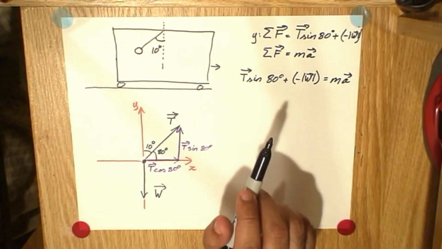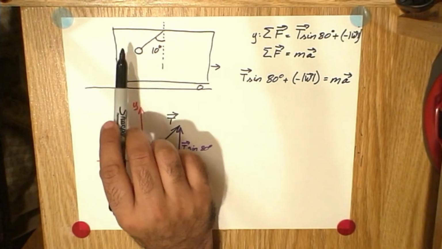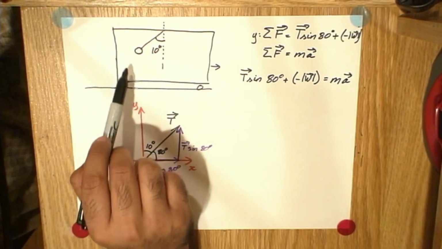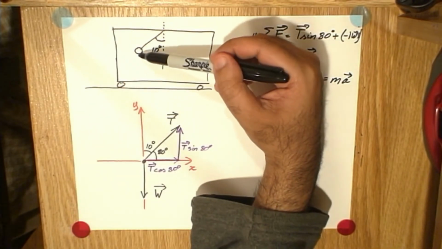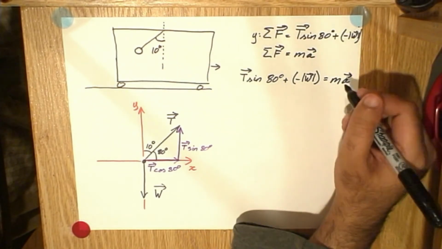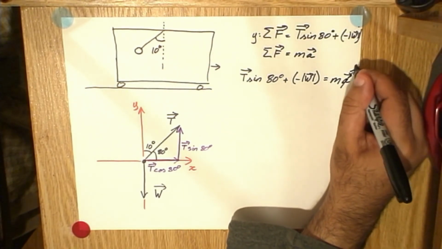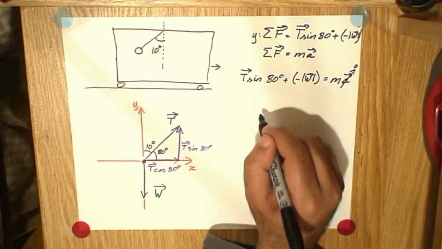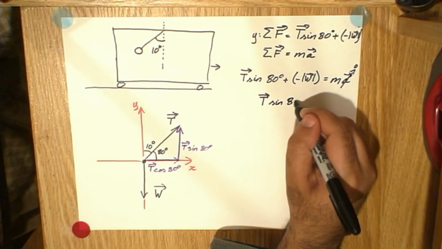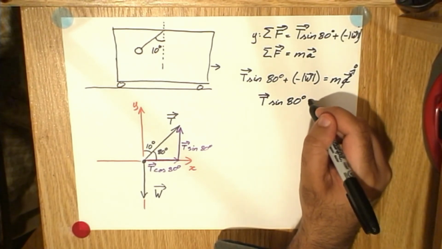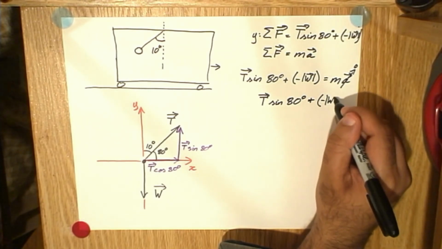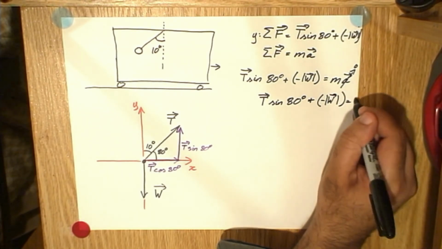Now, in this case, we know that the ball is accelerating horizontally, but it's not accelerating vertically. It's not speeding up going upwards, and it's not speeding up going downwards. That means that the acceleration in the vertical direction is 0. So now we have T sine 80 degrees plus the negative weight is equal to 0.